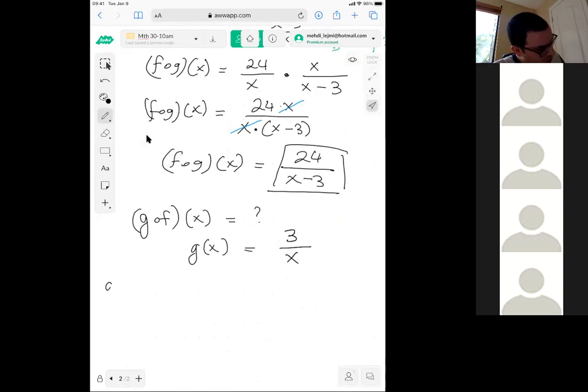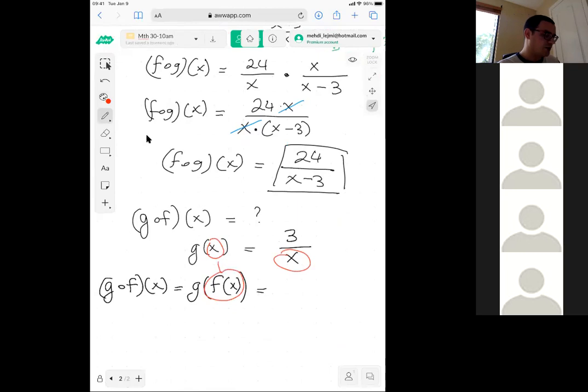Now we want to compute g of f of x. So you replace x here by f of x. In g of x you have just one x, so that will be your f in here. So that's 3 over, and then here you're going to have your f of x.